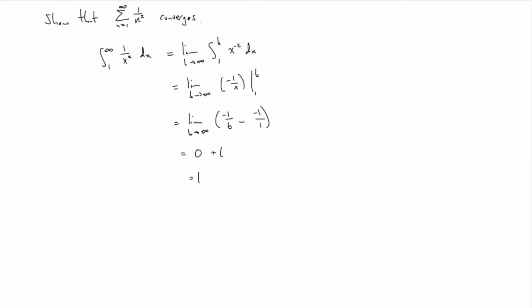And that tells us that the sum n equals 1 to infinity of 1 over n squared converges. Just to be clear, it does not tell us what it converges to. It certainly does not converge to 1. The integral test tells us that the series converges, but we have no idea what it might converge to.